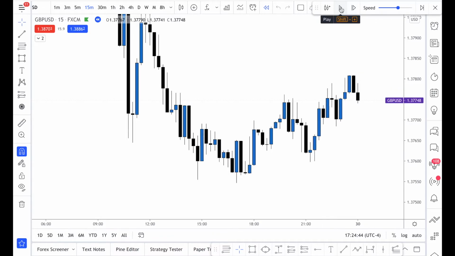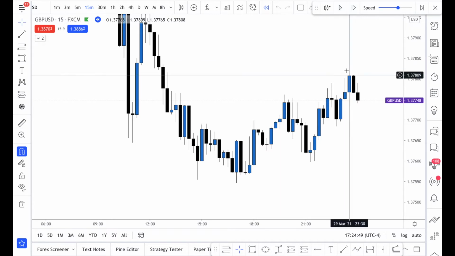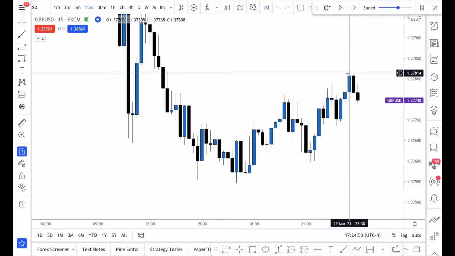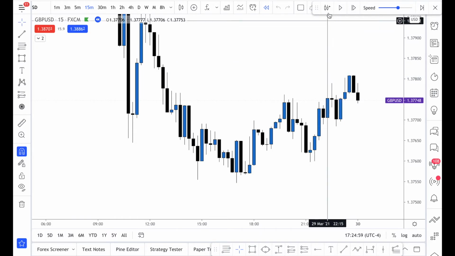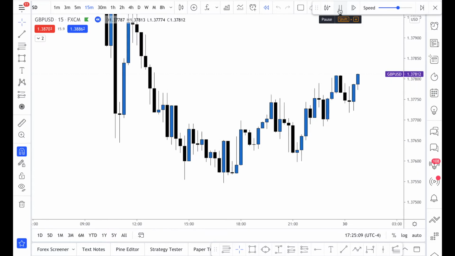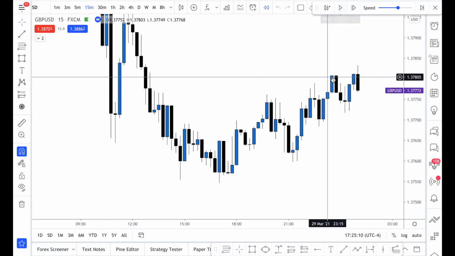Okay, so here what I can see is that price has created these equal highs. And what typically rests above equal highs? It's usually buy stops. So there's buy side liquidity there, so I'm already notating that. All right, so now we just play it out, and boom, what happens?